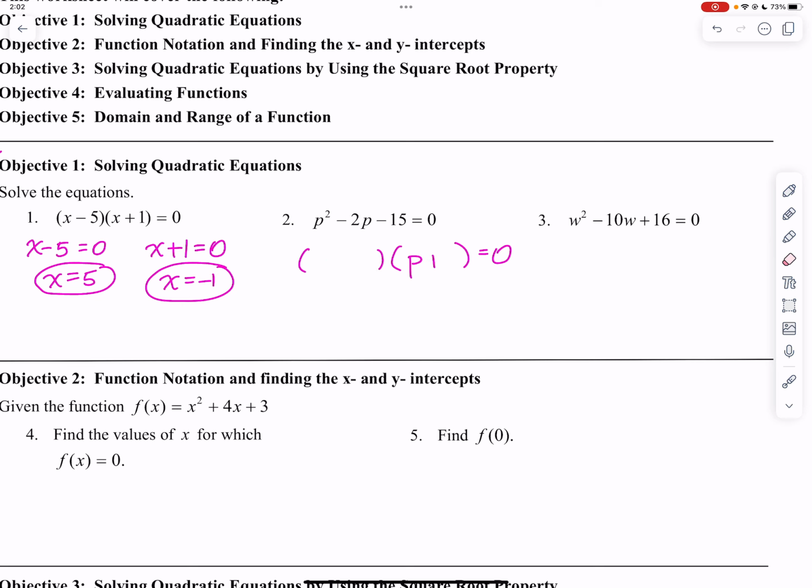Let me write that a little bit neater. So in this case, either p minus 5 equals 0 or p plus 3 equals 0, and p equals 5 or p equals negative 3.